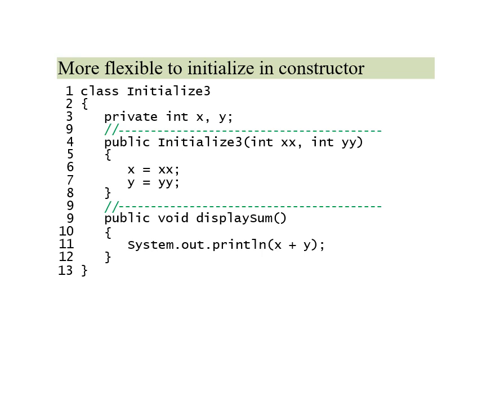So in the main method, when I'm constructing an Initialize3 object, I say new Initialize3 parentheses 10 comma 20. So 10 and 20 are going to be assigned automatically. Those are the arguments that correspond to the 2 parameters here, xx and yy. So xx receives 10, yy receives 20, and then those 2 values are assigned to the instance variables. So x, the instance variable, will initialize to 10.